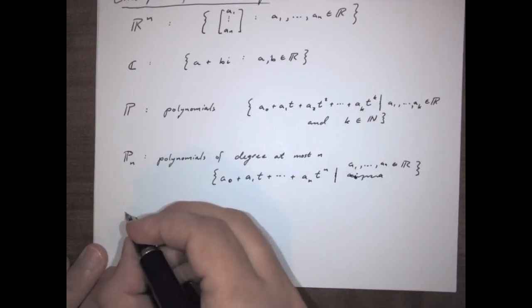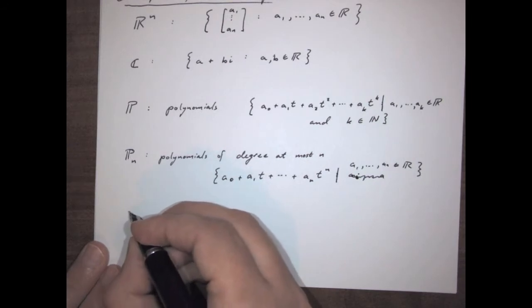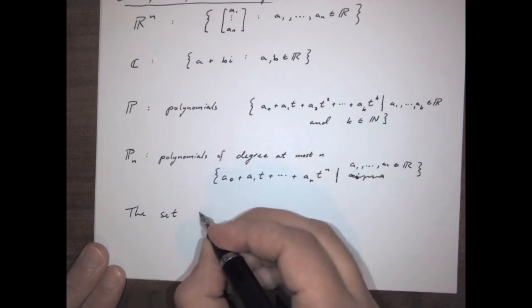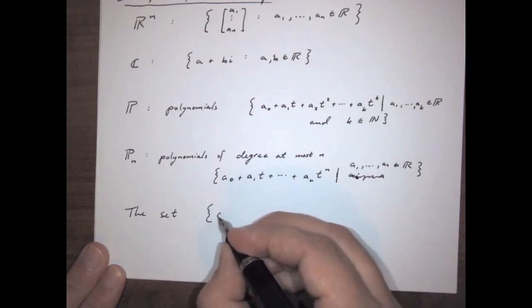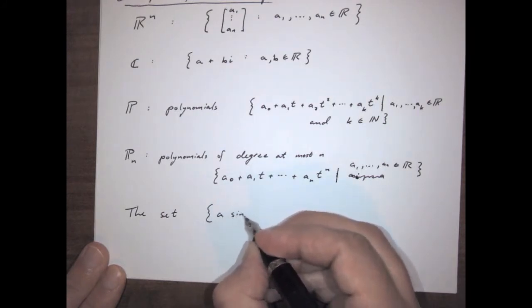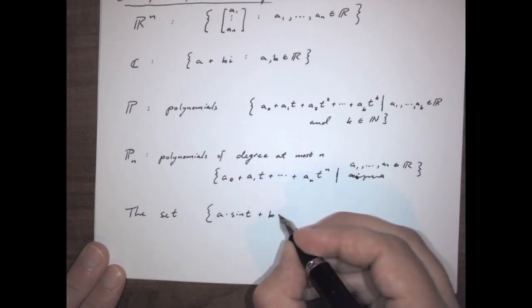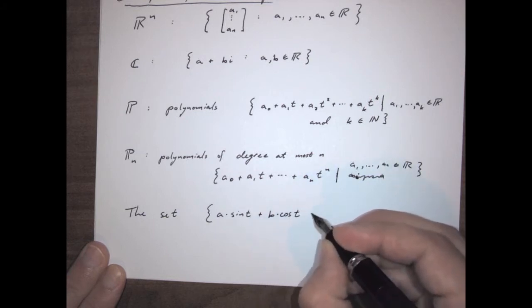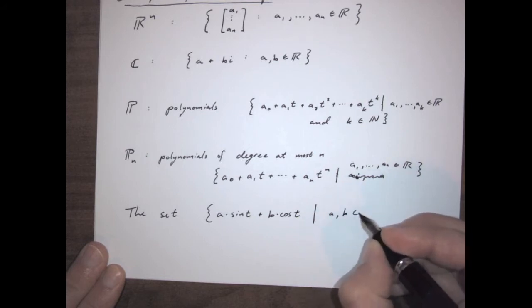So other examples that don't necessarily have names like this, but you could say the set A times sine t plus B times cosine t, where A and B are real numbers.